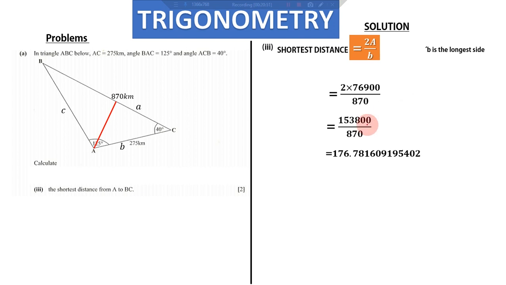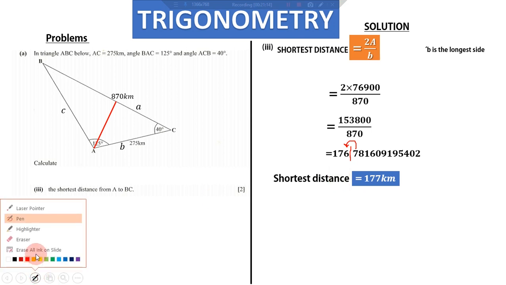To 3 significant figures, we only have 3 significant figures before the point, so we'll strike on the point. And then 7 is greater than 4, so we can add the 1 to 6. Whatever is after the point, we leave it. Okay. So there we're going to have 177 kilometers as our shortest distance.